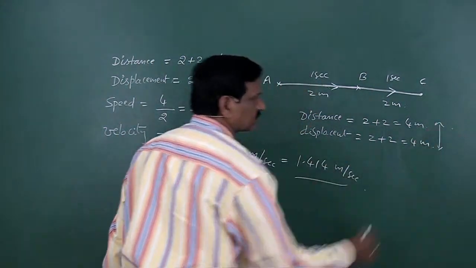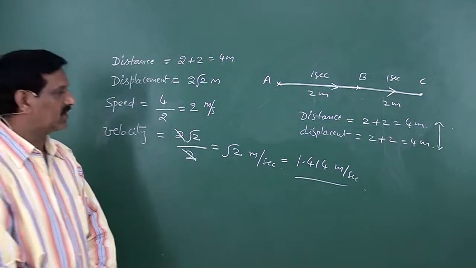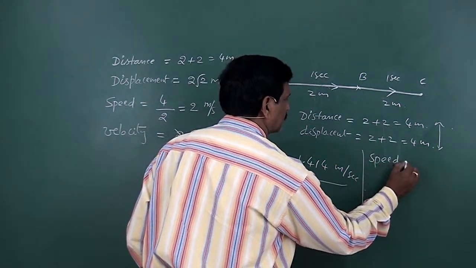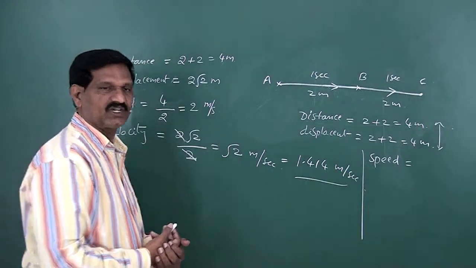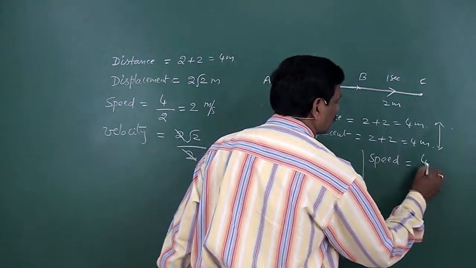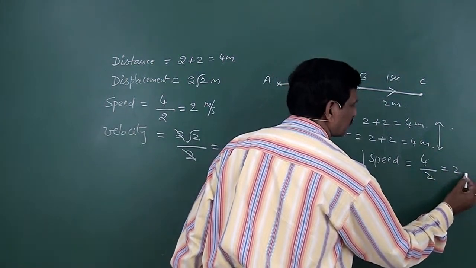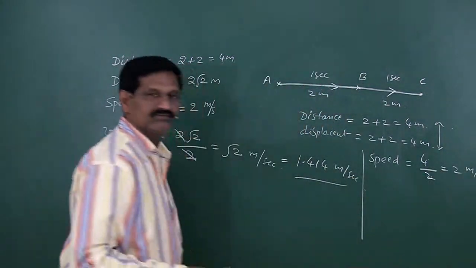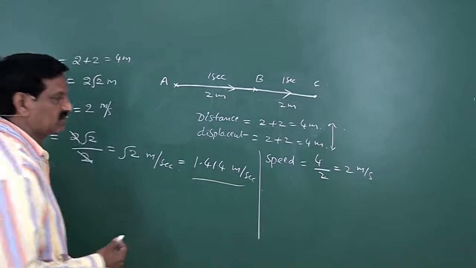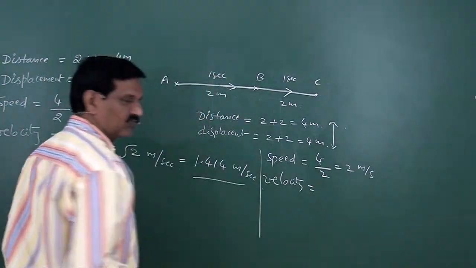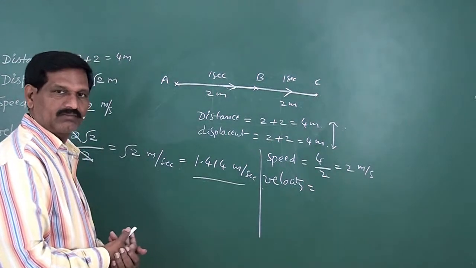Similarly, speed. Speed means distance by time taken. Here distance is 4, time taken is 2 seconds. So 4 by 2, that is 2 meter per second. Then velocity. Velocity is equal to displacement by time.